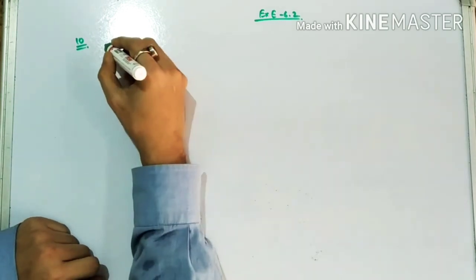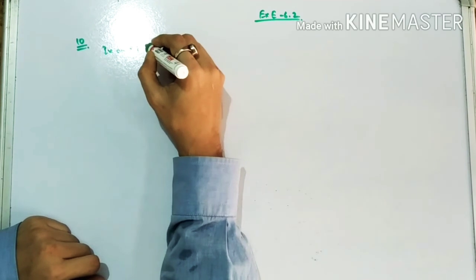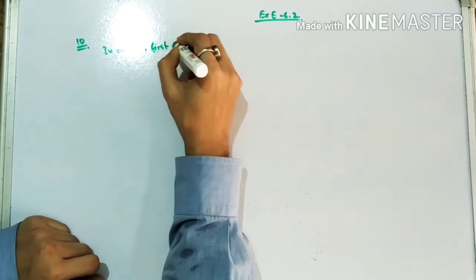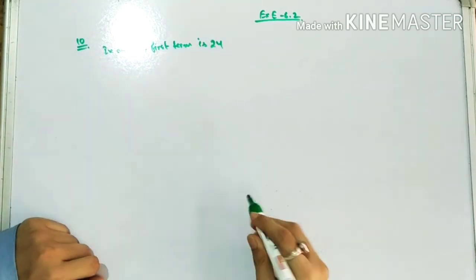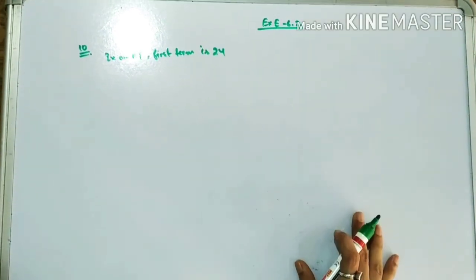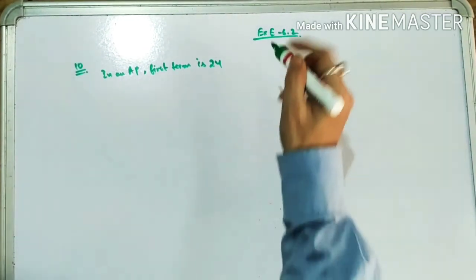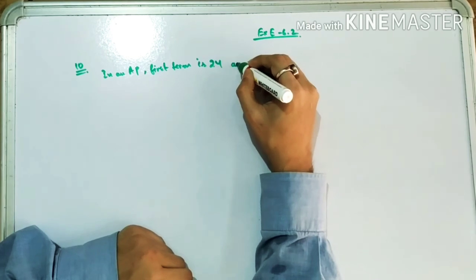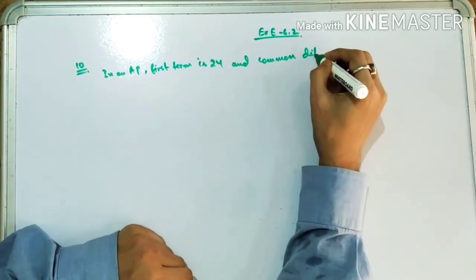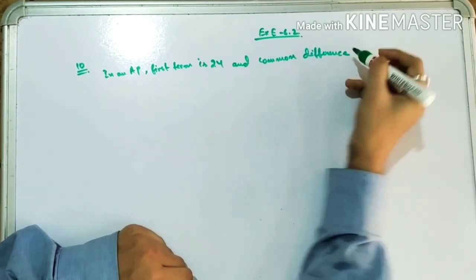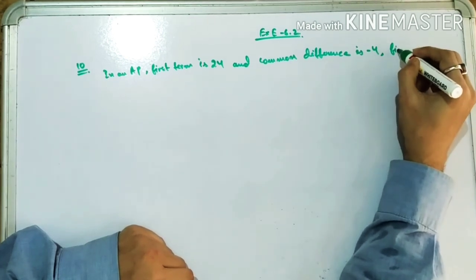So question number 10 in here is saying that in an AP, the first term is 24 given, and the common difference is minus 4 given.